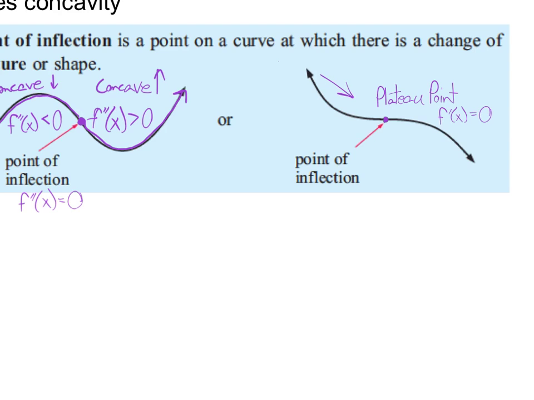Notice we're decreasing here and we continue to decrease. That was our plateau point. Another way you can tell it's a plateau point is by seeing that the first derivative equals 0, but also the second derivative equals 0. So f double prime of x equals 0.